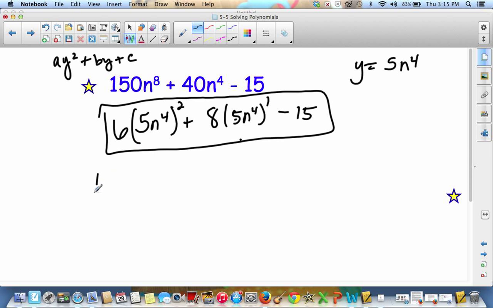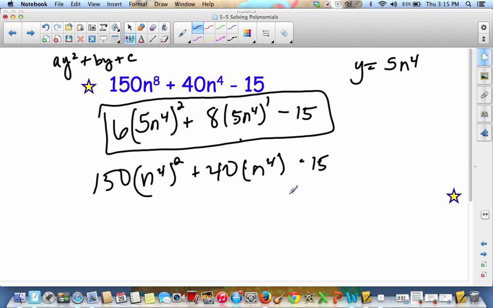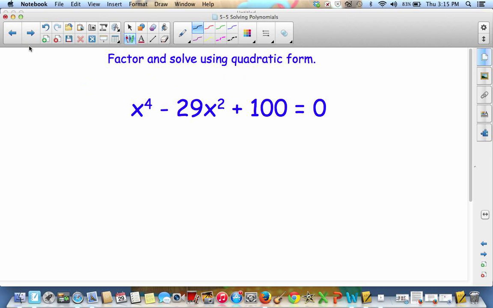So I'm guessing you could have 150 n to the fourth squared plus 40 n to the fourth minus 15, and then you would factor out the 5, but again, that wouldn't be in quadratic form, so we're just going to stick with this for now.